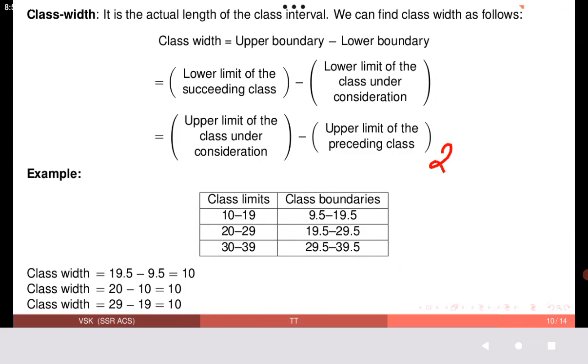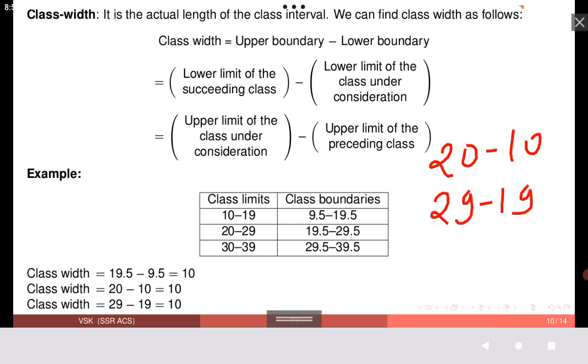So either you find it by 20 minus 10, or by 29 minus 19. Both answers will be the same, 10. So this way you can find class width very easily.